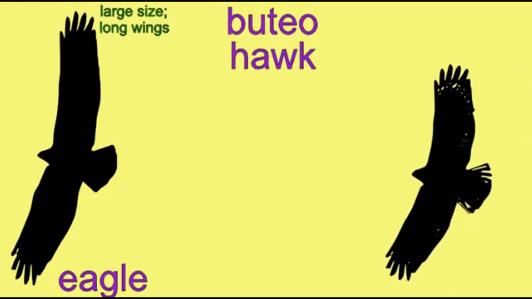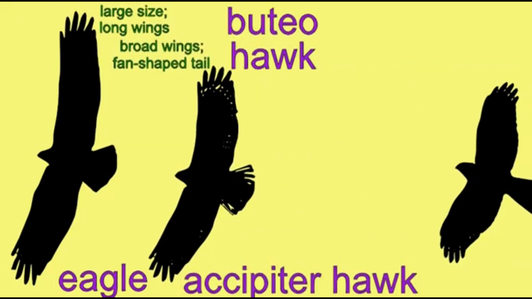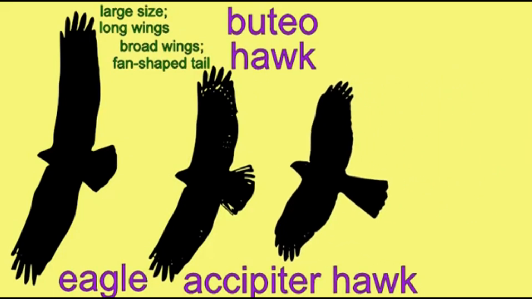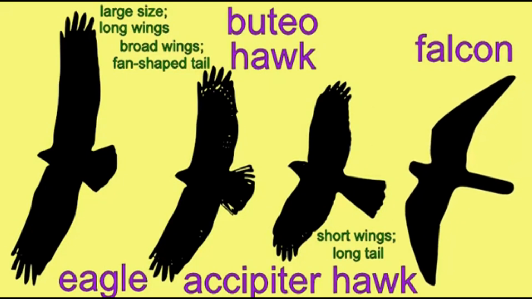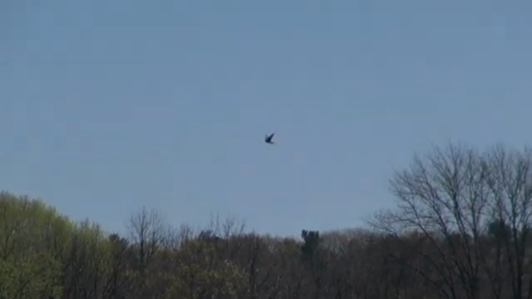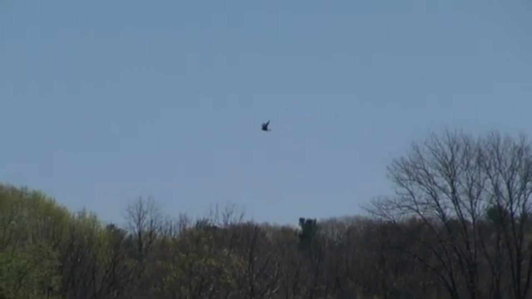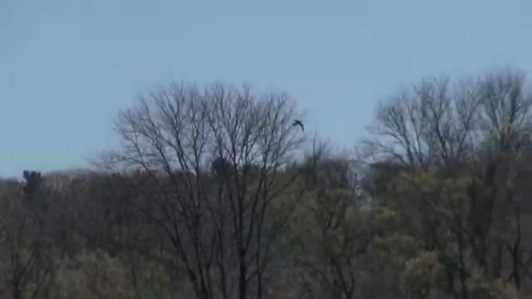One group of hawks, known as a buteo hawk, is the next largest in size and has broad wings and a fan-shaped tail. Smaller hawks are known as accipiter hawks. They have shorter wings and a longer tail. And then falcons have pointed wings and a long, narrow tail. And so thus, if you see one flying over you, its outline could help you narrow down what type of bird it is.